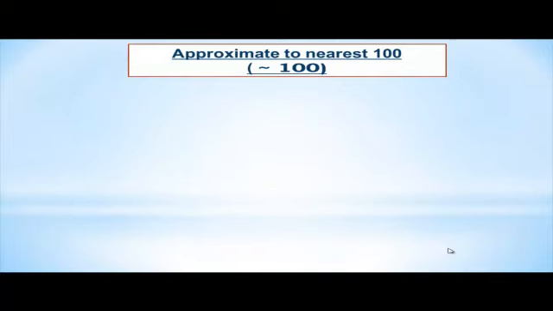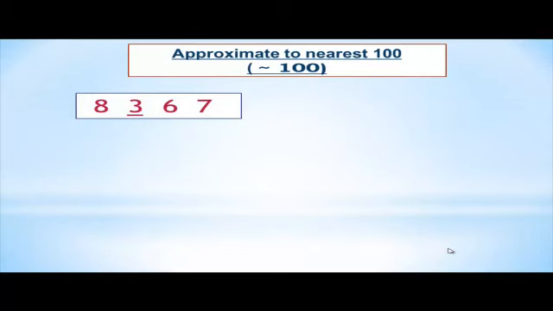You will take the approximation to the nearest 100. First, if I have the number 8,367, determine and put your place value. 7 is units, 6 tens, 3 hundreds, 8 thousands. So I found in the hundreds place value 3.